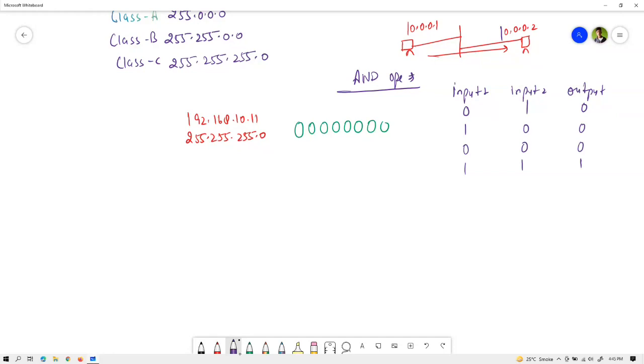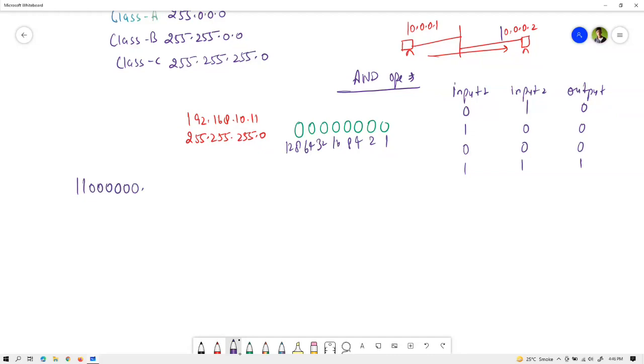So what will be the binary of 192? We have 8 bits, and I can tell you a very easy way. You just open these 8 bits: 128, 64, 32, 16, 8, 4, 2, 1. So the binary of 192 will be 11000000, two ones and six zeros, right?